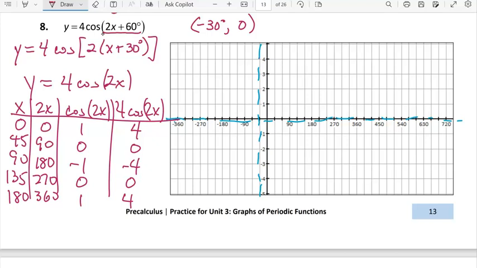0, 4 would be 4 units above the new origin. 45, 0 is 45 degrees to the right and 0 up. 90 degrees to the right of the new origin and 4 down.